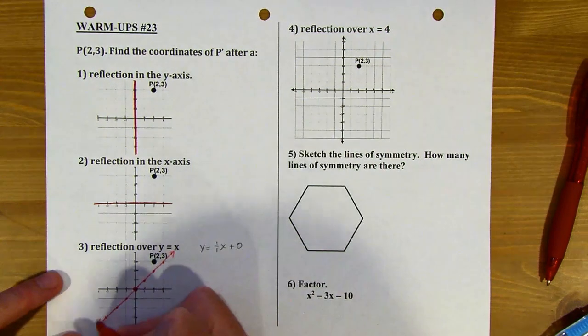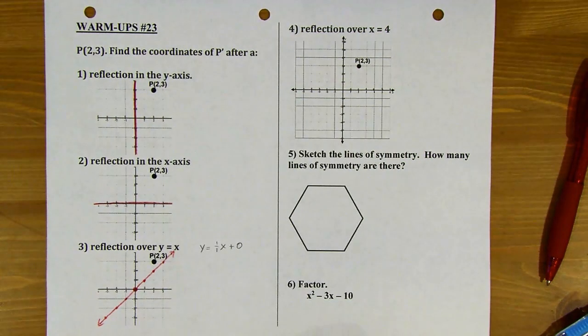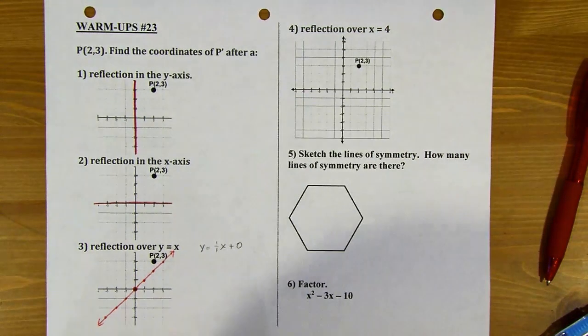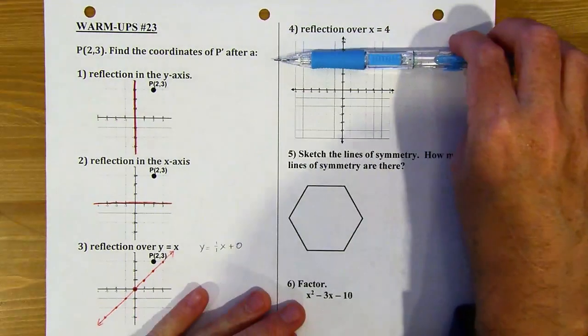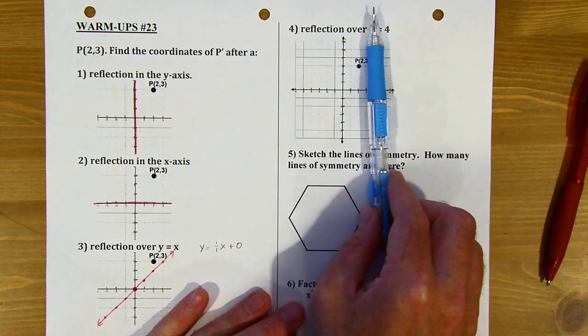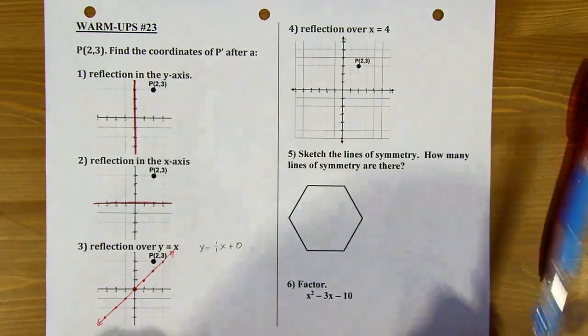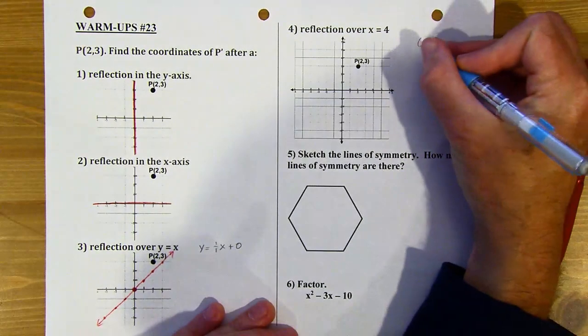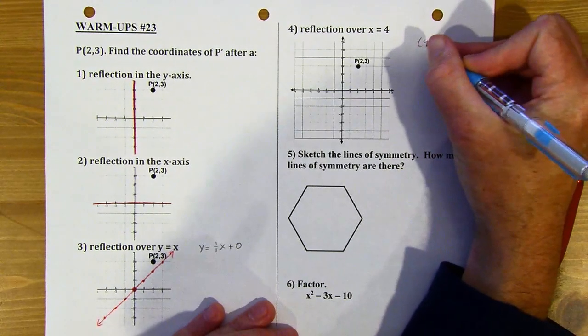Okay. All right. And then finally, we're reflecting over the line x equals 4. Okay. So a lot of times I'll see people graph x equals 4 like this, but it's actually going to look like this. Okay. So x equals lines are always vertical. Now, if you forget, just make up some different points that have an x coordinate of 4.